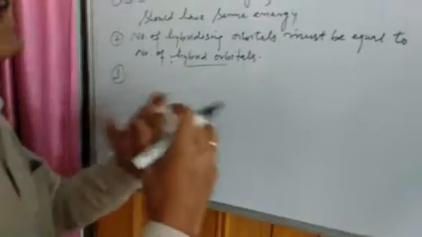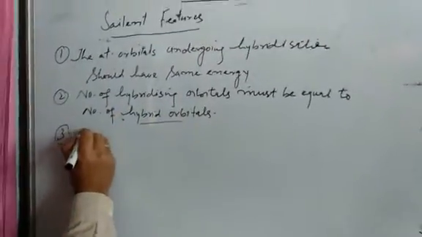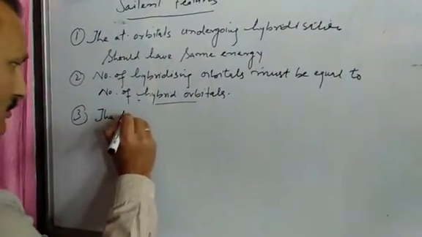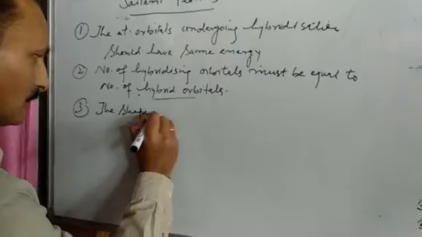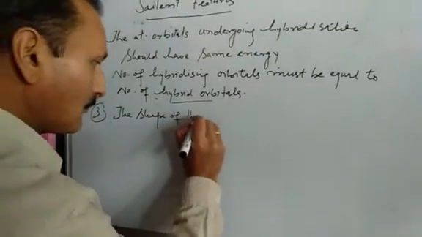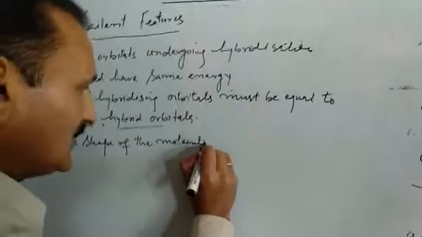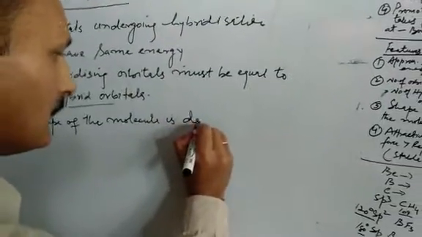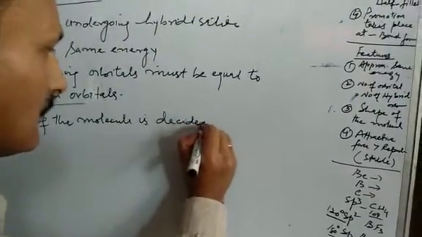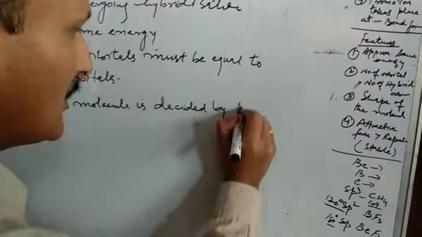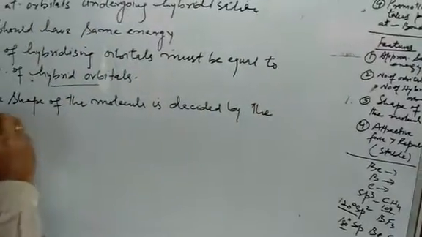Then hybridization gives shape. The shape of the molecule is decided by the type of hybridization.